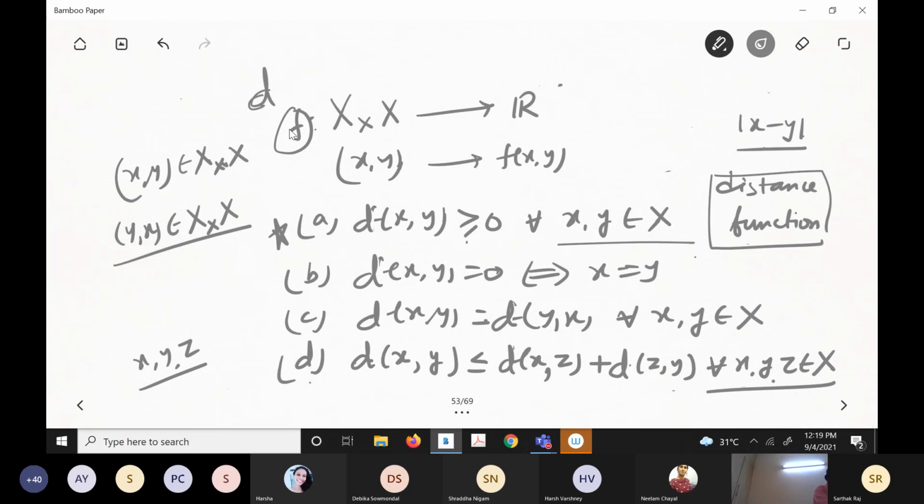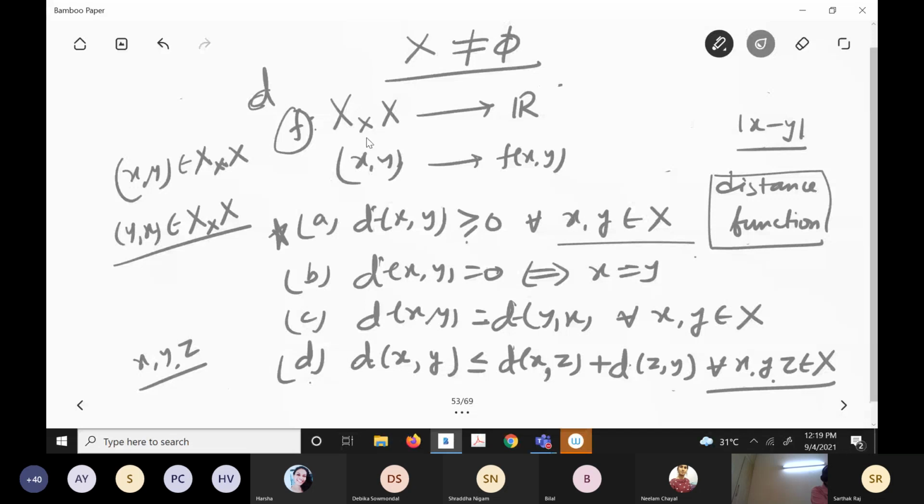X is any non-empty set. That's why we are trying to generalize the concept of distance. So the distance between 2 points has to be a function on X cross X, right? That is exactly what I am doing.